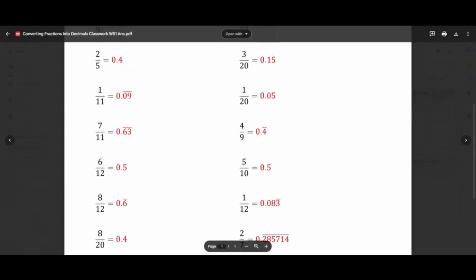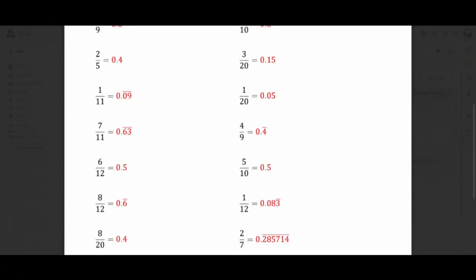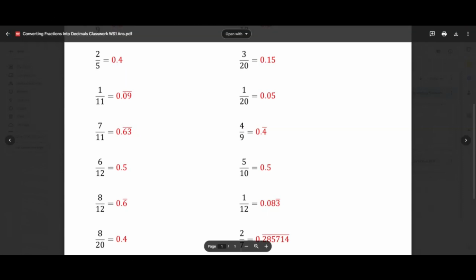Missed 1/11. All right, when you punched in 1/11, the calculator says 0.0909090909, and so that 09 is being repeated over and over again.